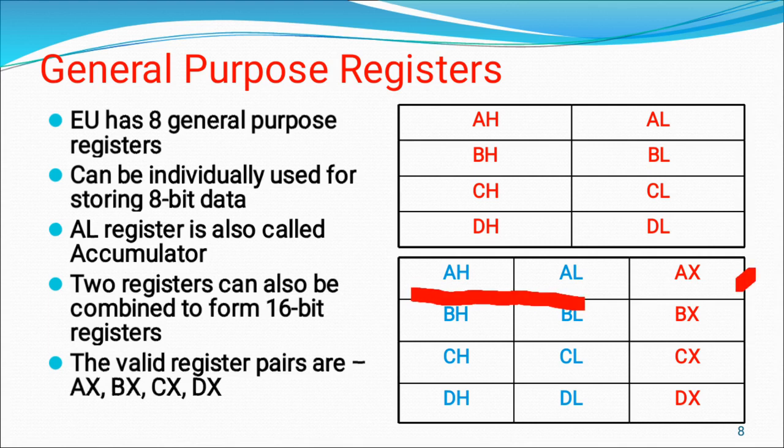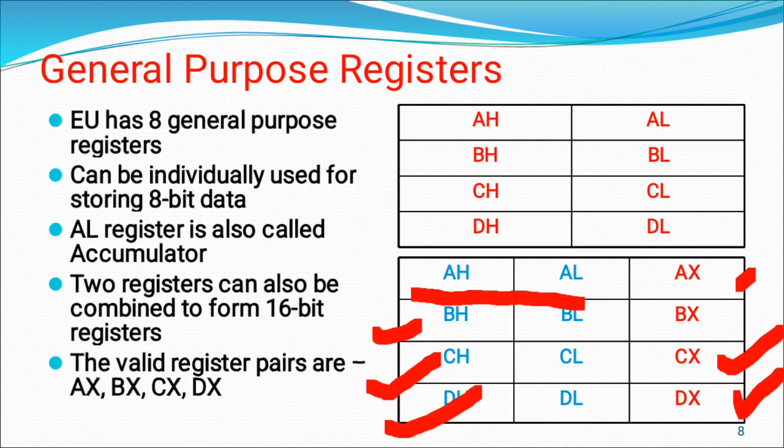AL is an 8-bit register, AH is an 8-bit register, so AX is a 16-bit register. If we combine BL and BH, then it becomes BX. If we combine CH and CL, then it becomes CX. If we combine DH and DL, then it becomes DX.